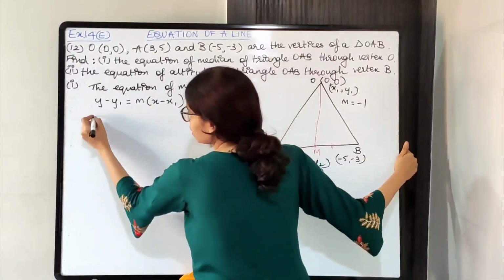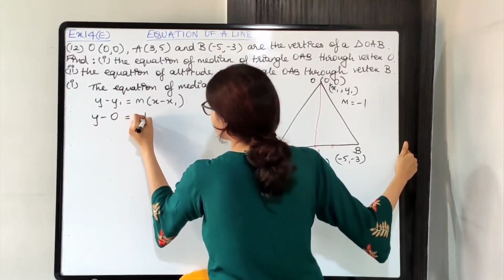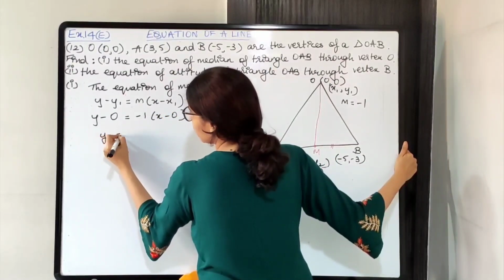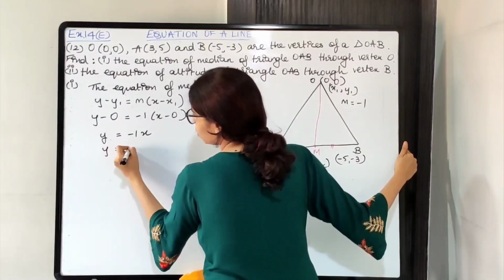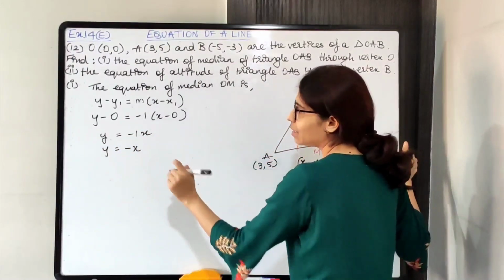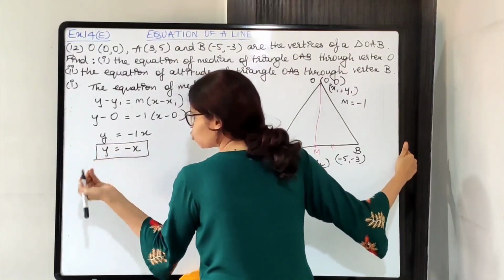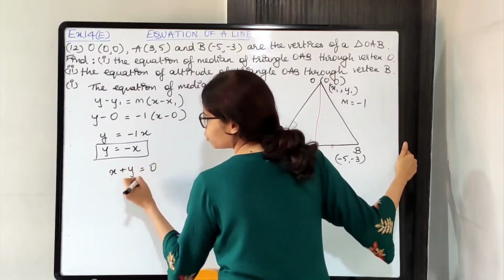Okay. Putting the values, y1 is 0, m is minus 1, x1 is 0. y minus 0 is y, minus 1 into x minus 0 is minus x. That is y is equal to minus x is the equation of OM. You can consider this as equation or shift x over here, so it will become x plus y equals to 0.